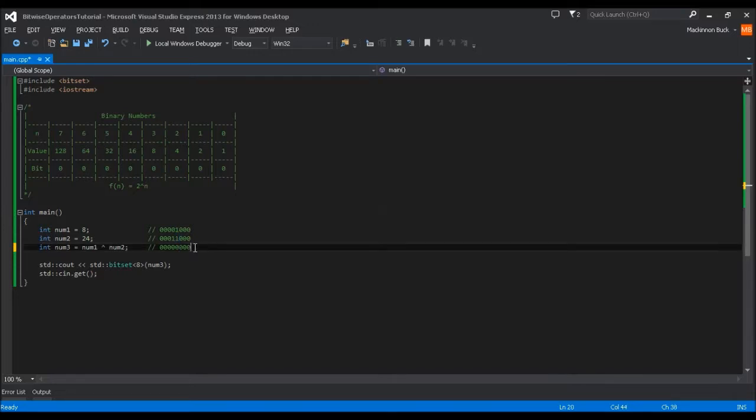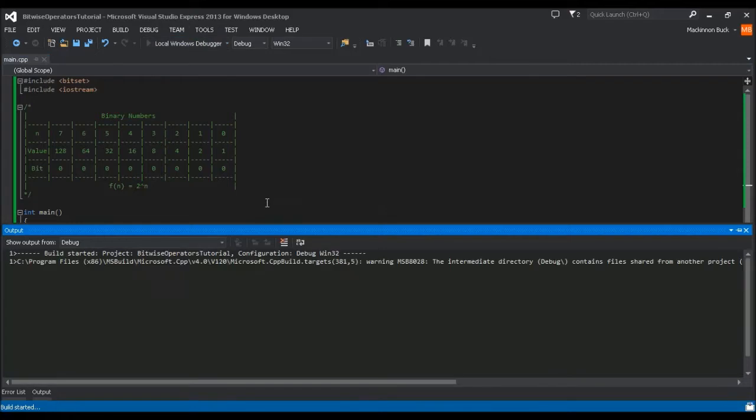So what's required for the bottom numbers to change to 1s is that only one of these numbers has to be a 1. Right here, one is a 0 and one is a 1, so this one changes to a 1. But in the next column, since both of these are 1s, this one stays as a 0. So this should be our output. Let's test it.